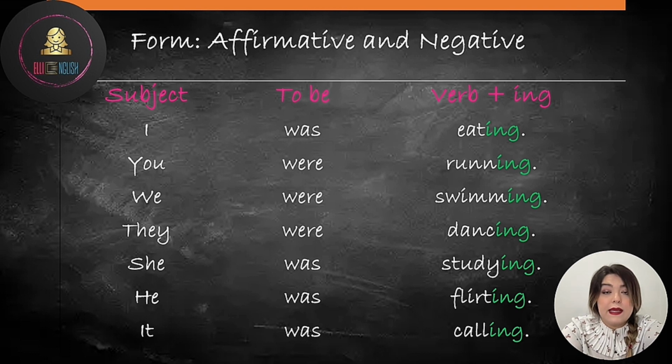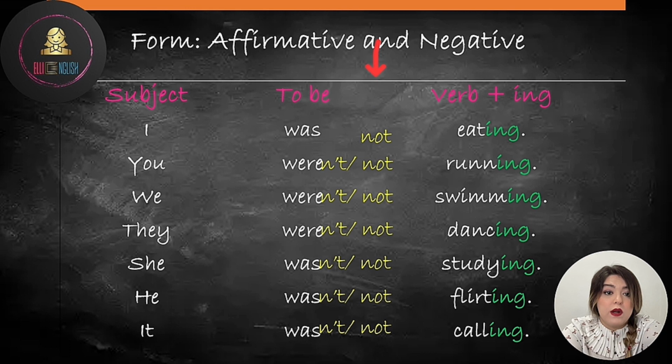We use the negative form of past continuous to talk about something that was not happening in the past. We use it in a negative way, just add was not or were not, or in the short form, wasn't or weren't. Look at the example. I was not or I wasn't eating.